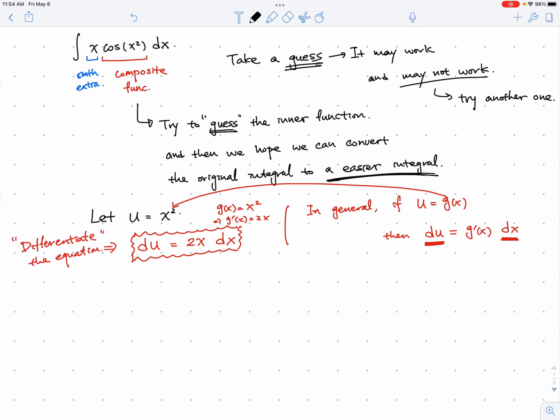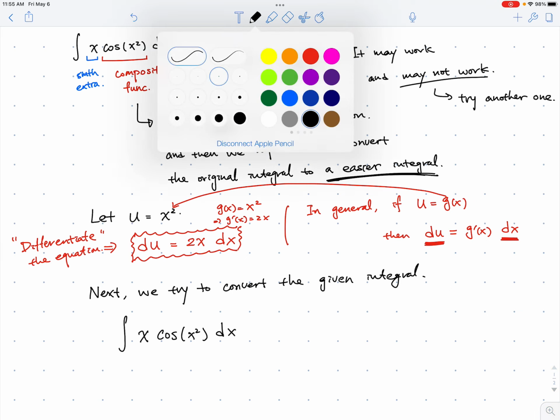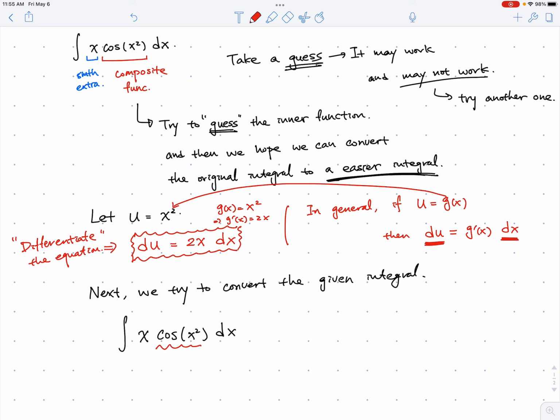Next, we try to convert the given integral, x cosine of x squared dx. This part is going to be cosine of u, because u is equal to x squared.